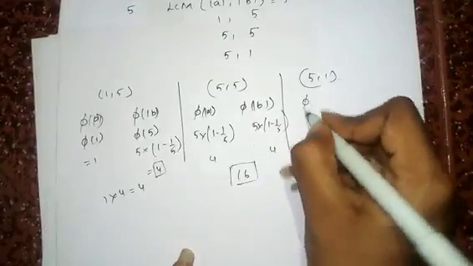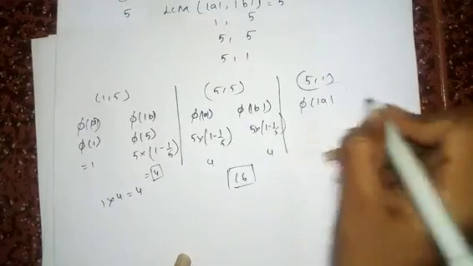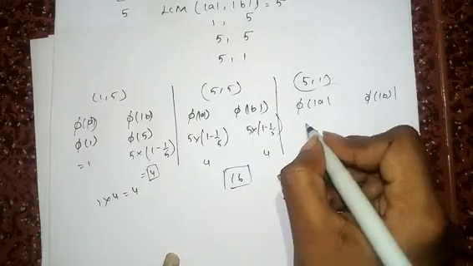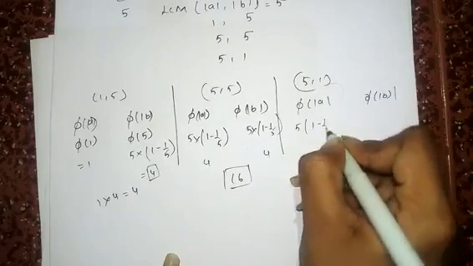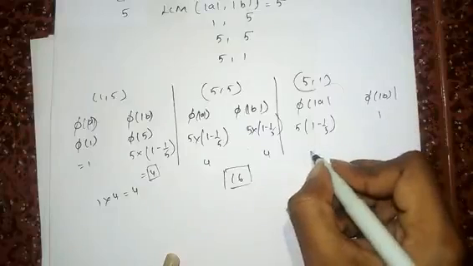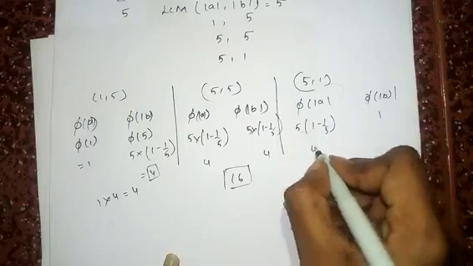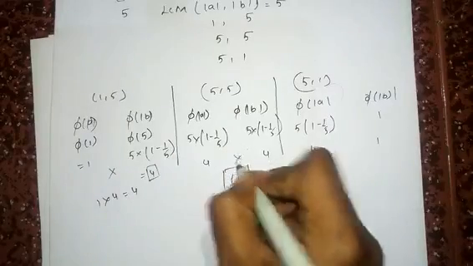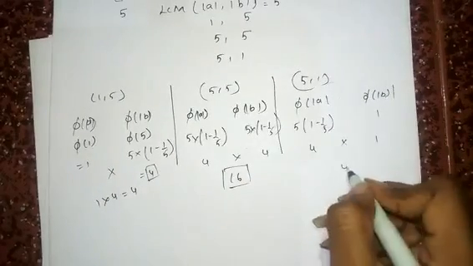Now for the last one it is phi of the order of A into phi of the order of B. So it is 5 into 1 minus 1 by 5, and it is 1. So it is 4, and it is 1. Here the operation is multiplication. 4 into 4 is 16, 4 into 1 is 4.